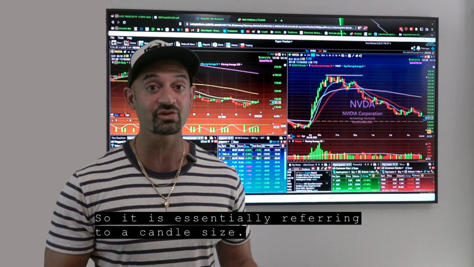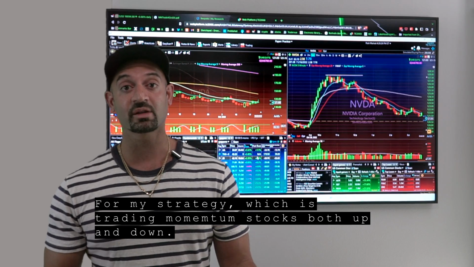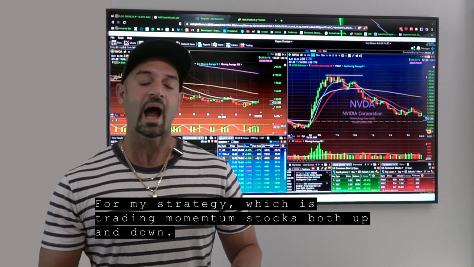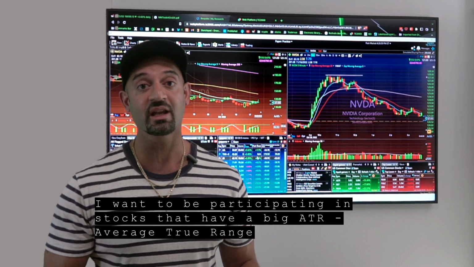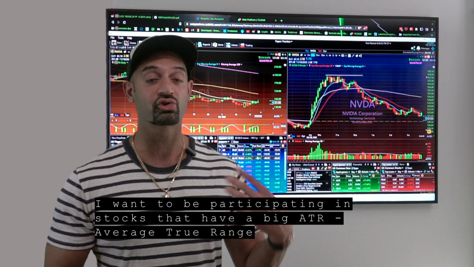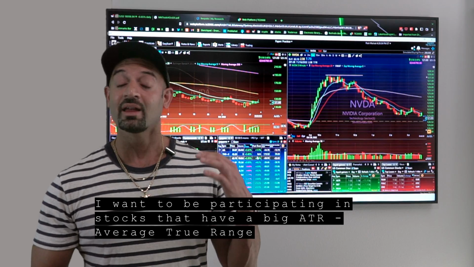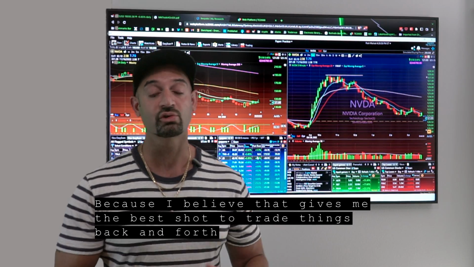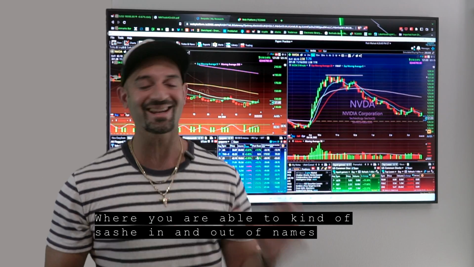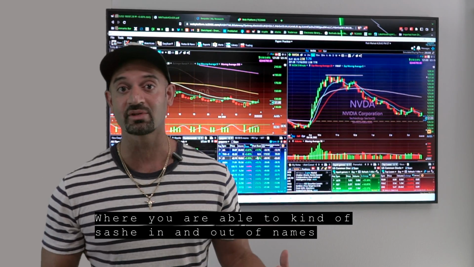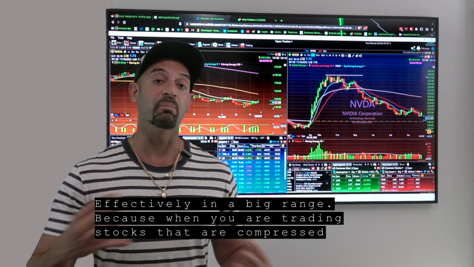So for my strategy, which is trading momentum stocks both up and down, I want to be participating in stocks that have a big ATR, a big average true range, because I believe that gives me the best shot to trade things back and forth, where you're able to sashay in and out of names effectively in a big range.